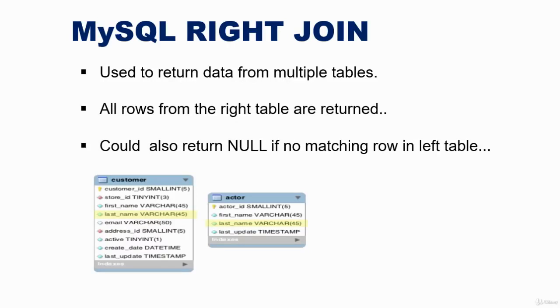Let's take a look at this two table illustration. So let's assume we want to return a list of all the actors from the actor table, and if the actor shares the same last name with a customer from the customer table, we can also display the customer details or information.